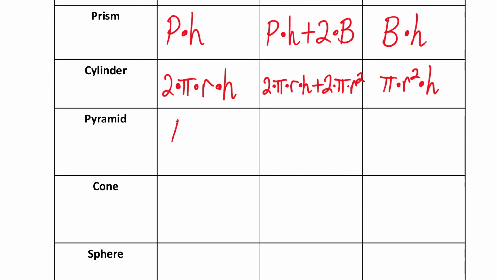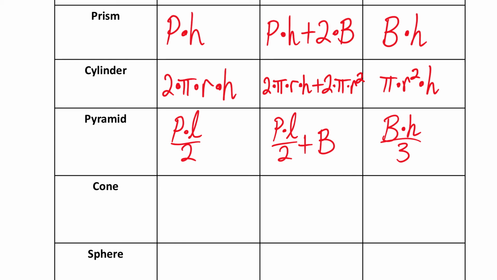Okay, for a pyramid, lateral surface area is P times L divided by 2. Total is P times L divided by 2 plus B. And then volume is B times h divided by 3.